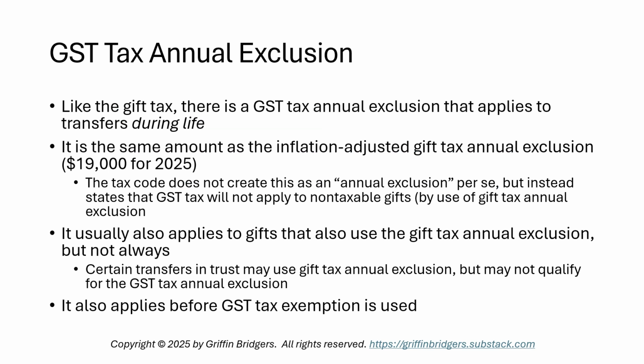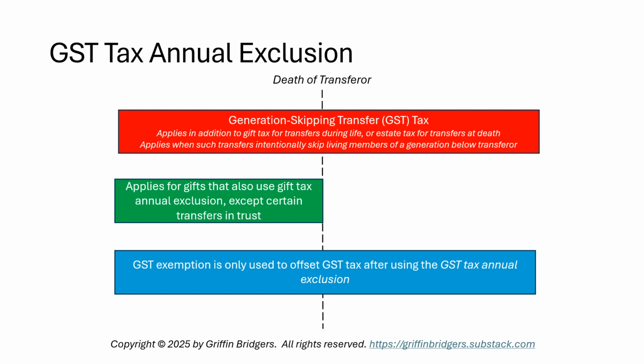There are some transfers in trust that might qualify for the gift tax annual exclusion, but those transfers may not qualify for the GST tax annual exclusion. Importantly, too, this also applies before GST tax exemption is used, and as we'll see in the follow-up, it also applies before we look at the amount of the gift and the gift tax annual exclusion and use of applicable exclusion itself as well.